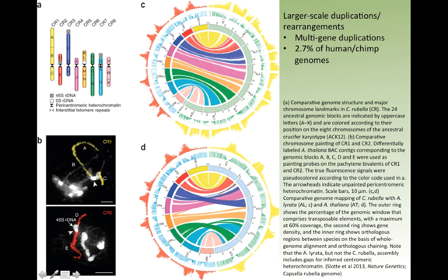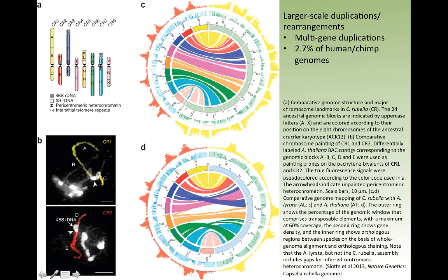For instance, CR2 has the ancestral chromosomes D and E, and both of those are found on C. rubella chromosome 2 and also on Arabidopsis lyrata chromosome AL2.